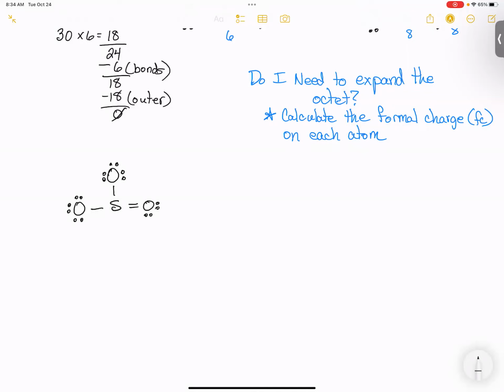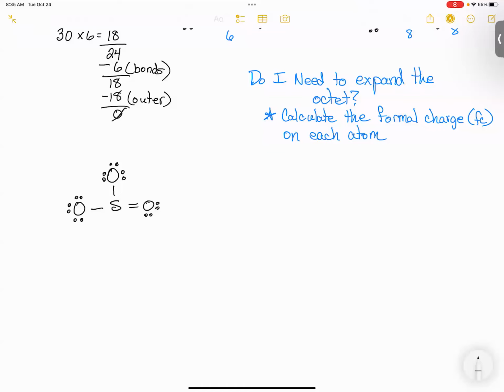So the formal charge calculation is the number of valence electrons, and we're going to subtract out 1 for every bond that we have and 1 for every dot that is on that atom. To know whether or not you are correct, the absolute value of all of the formal charges should be equal or as close to 0 as possible.